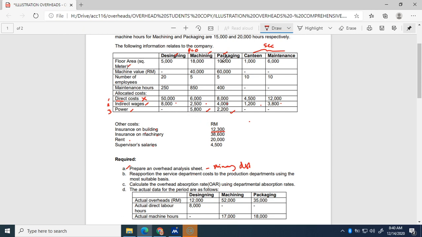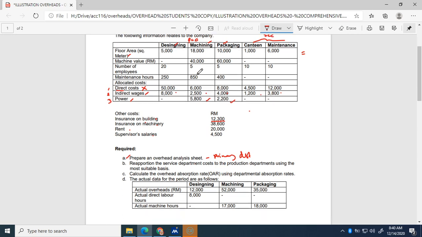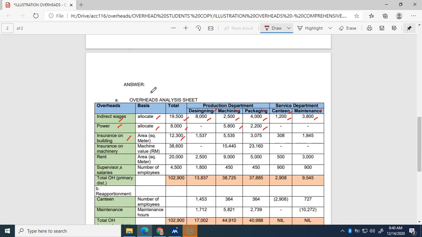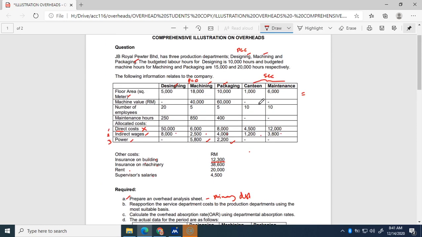We total up all the floor area and then get the ratio. Get the ratio for designing, times 12,300, and we get overhead for designing 1,537. The same goes for machining.